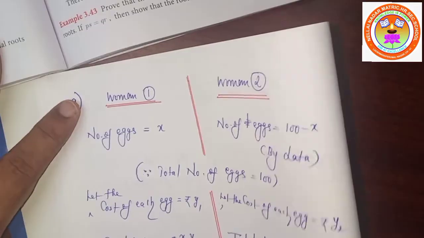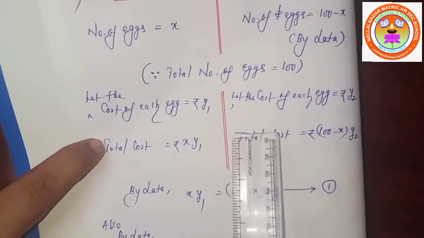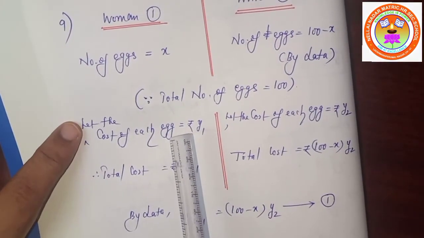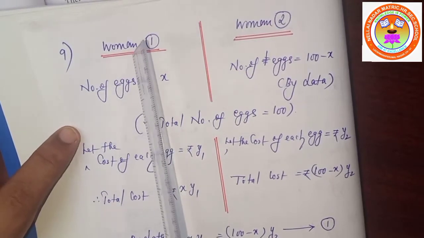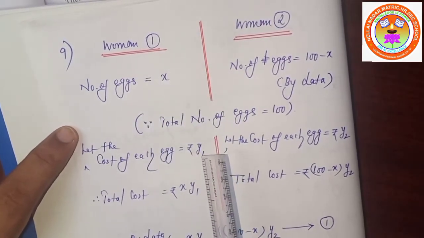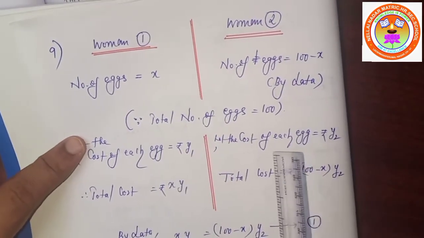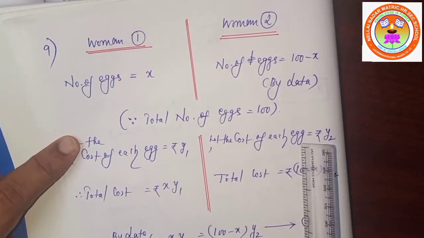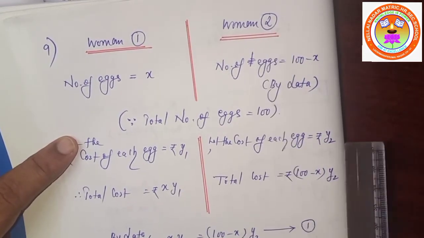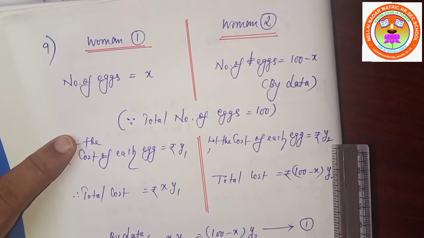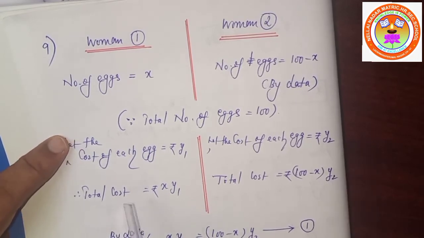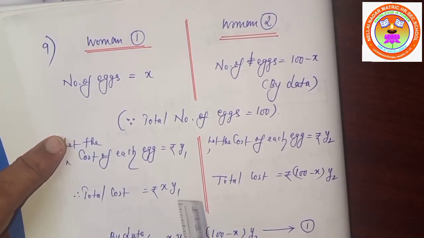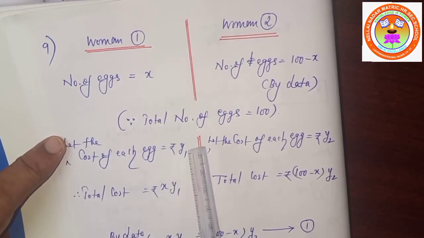Let the cost of each egg for the first woman be y1 rupees. Let the cost of each egg for the second woman be y2 rupees. You know the total cost equals number of eggs into cost of one egg.